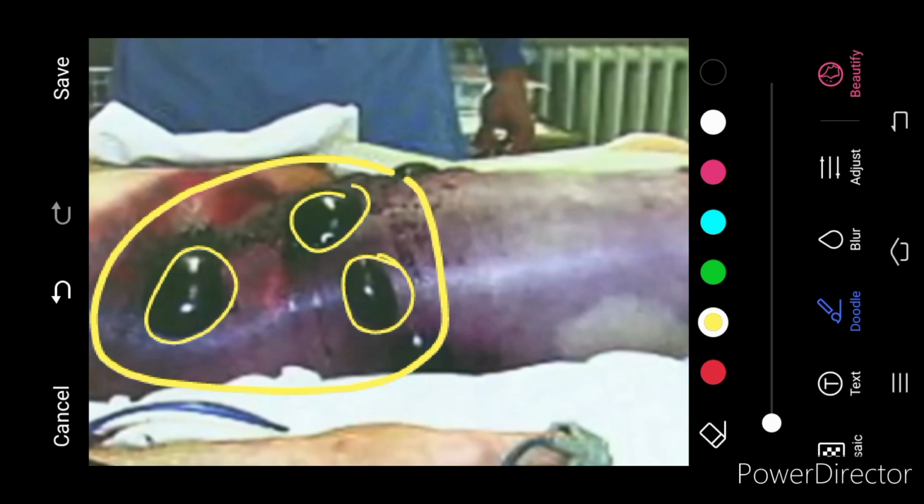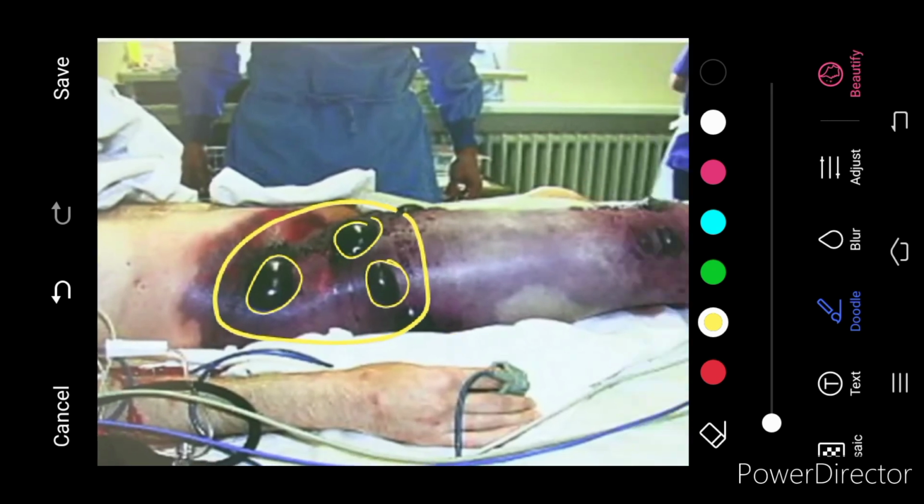This is known as gas gangrene. So in order to stop the growth of the bacteria, the foot has to be cut from here, because as we know the wet gangrene grows rapidly and the gas gangrene is a variant of wet gangrene, so it grows more rapidly. So this is all about gas gangrene.